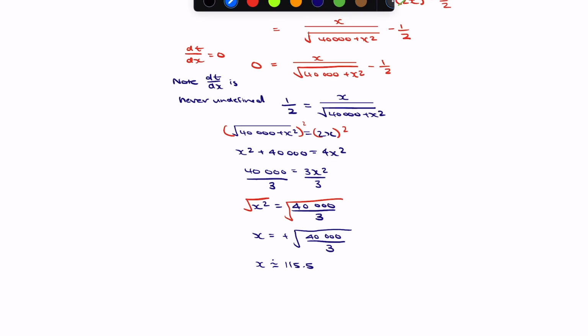So now what we're going to do in this situation, if we look at the second derivative, it's going to be quite complicated. So since the second derivative is complicated, here we'll use the endpoint test instead.